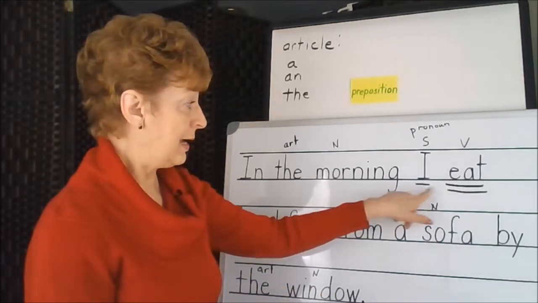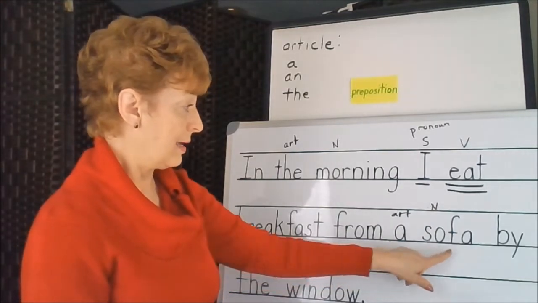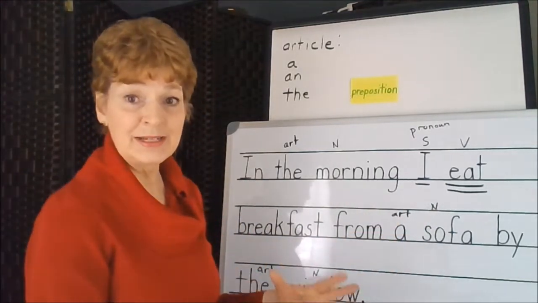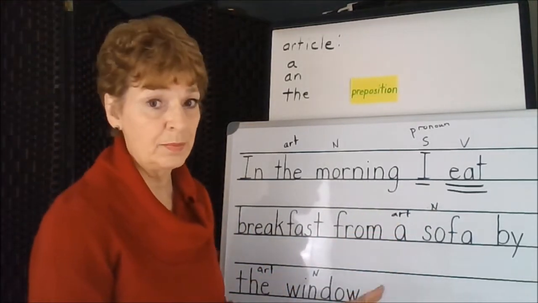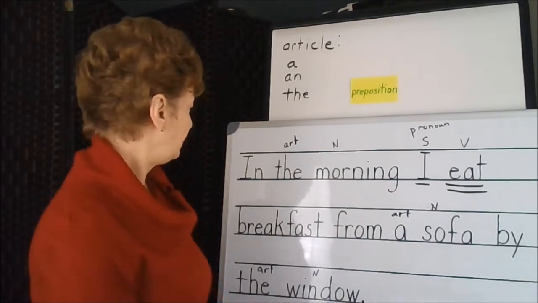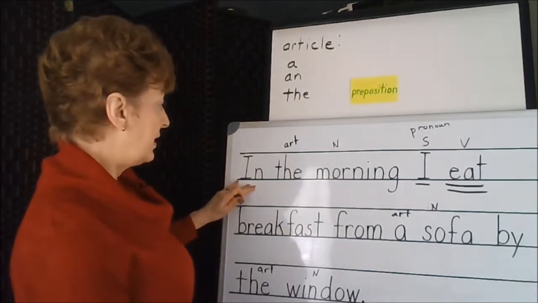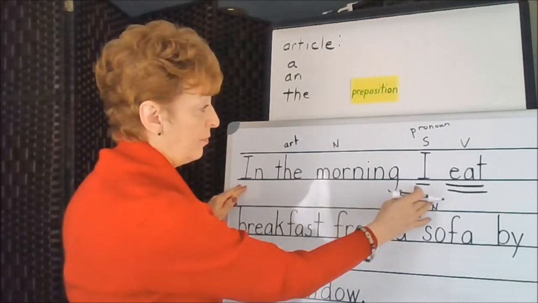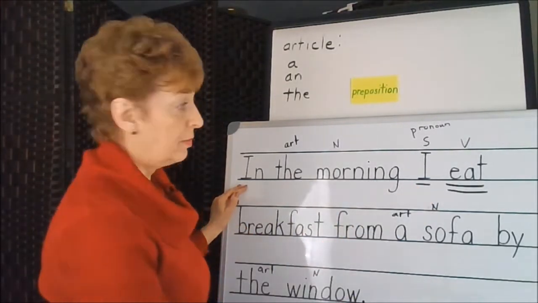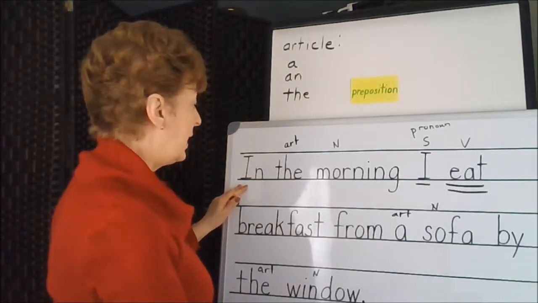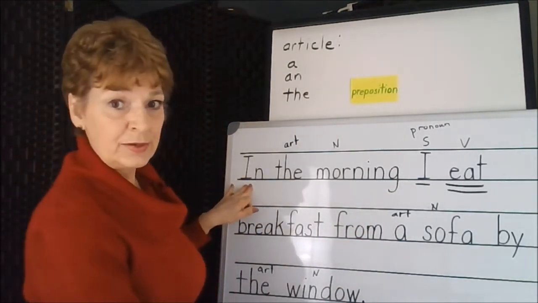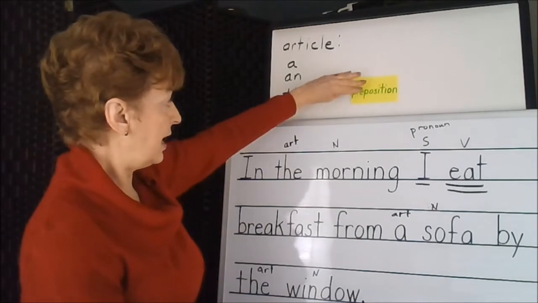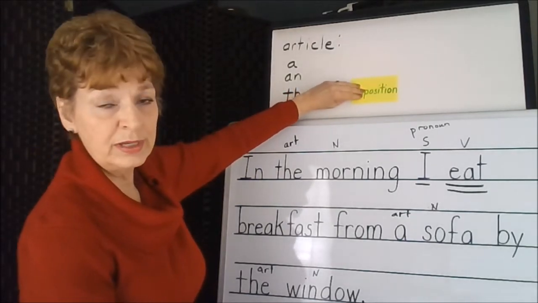So I and eat, a and sofa, all of those words have already been identified. They cannot be prepositions at this point. All right, so we have this short little phrase here, in the morning, before we've identified some of the other parts of speech. So let's consider this as being a preposition and decide whether you can go in.